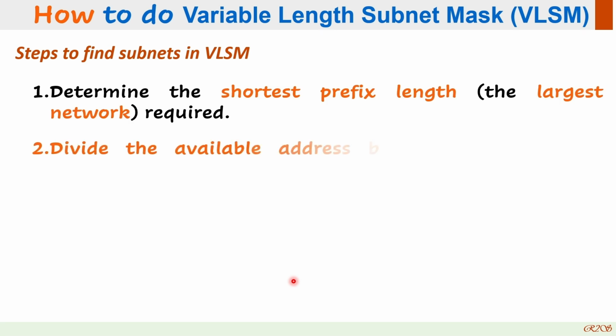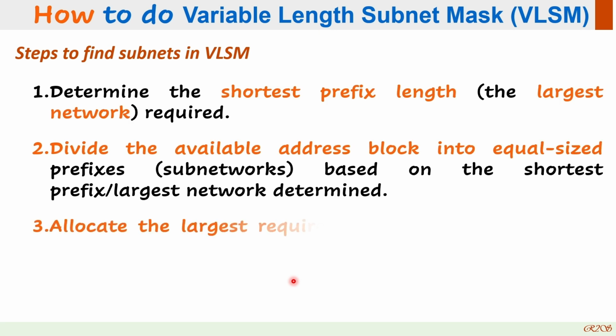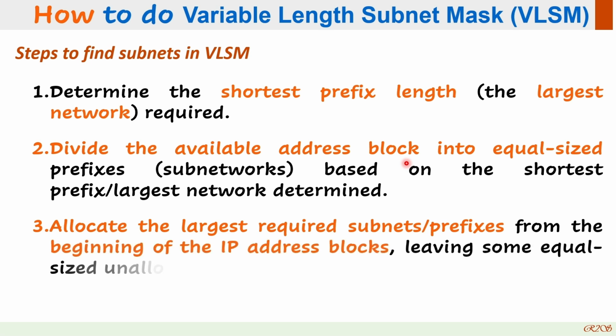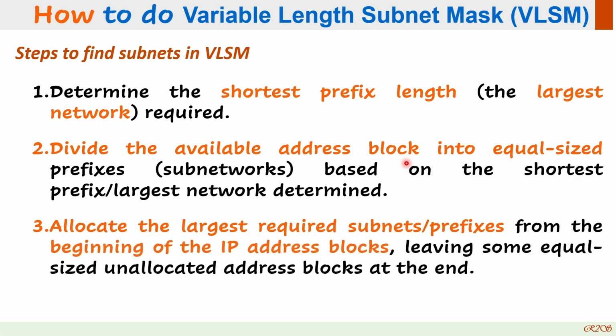So step 2, divide the address we have into equal size subnetworks. We already know the equal size subnetting, right? In the previous video we saw that. So we just need to do the equal size subnetting based on our largest network.